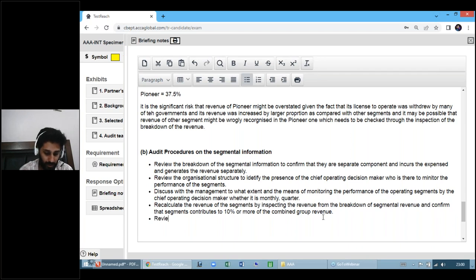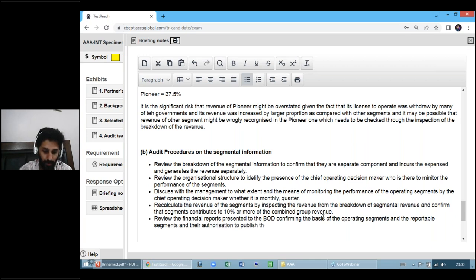Review the financial reports presented to the board of directors, confirming the basis of the operating segments and the reportable segments, and their authorization to publish these.